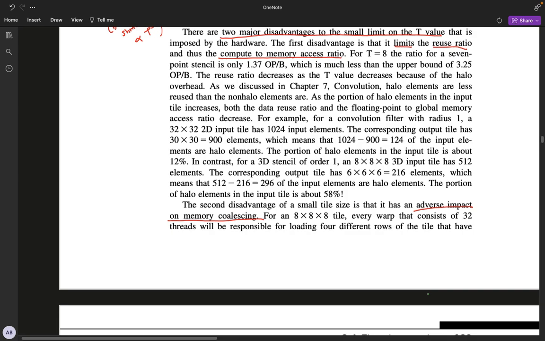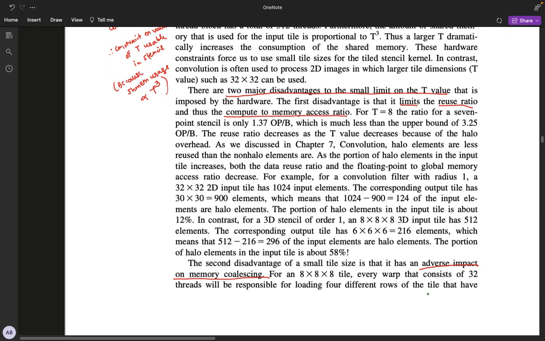Oh yeah, the second disadvantage is the adverse impact on memory coalescing. For a smaller value of t, let's say t is equal to 8 in a two-dimensional grid: 1 2 3 4 5 6 7 8. Each warp consists of 32 threads, right? So it will consist of 4 rows being loaded.